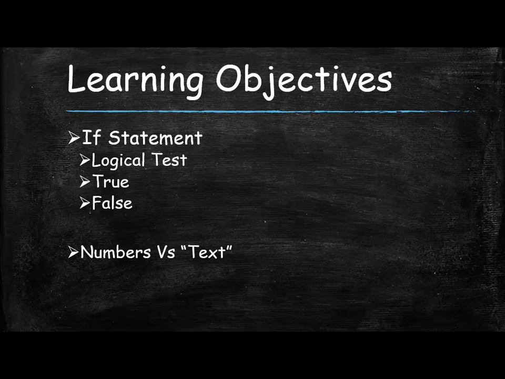When we put quotations around the word yes, it then asked, is this equal to the letters Y-E-S? And that worked fine for us. So we learned that text has to have quotations around it. We used it in the logical test, but we could have used it in a true or a false, and later on we're going to see where we can use text in other types of formulas. Anytime we use text we just put quotations around it.